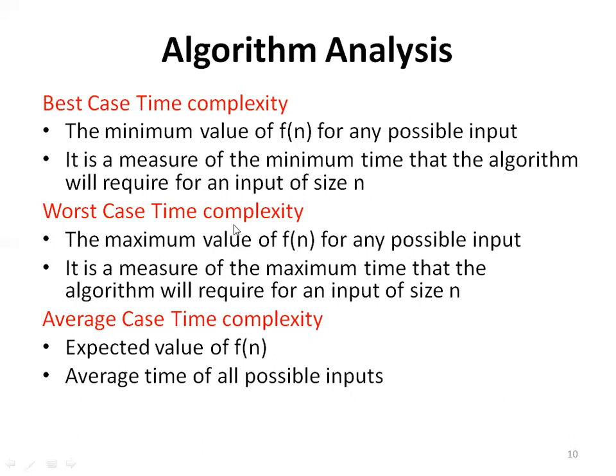And we are representing here the time complexity using this function f(n). The best case time complexity is determined by finding the minimum value of this function f(n). Worst case time complexity is found by finding the maximum value of this function f(n), and average case time complexity is found by finding the expected value of the function f(n).